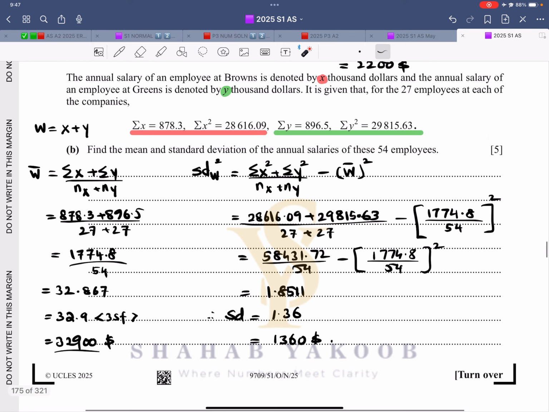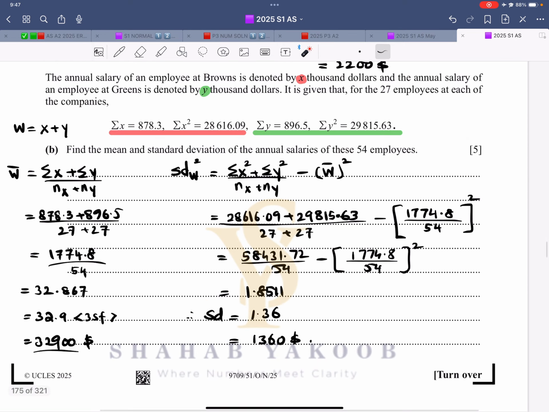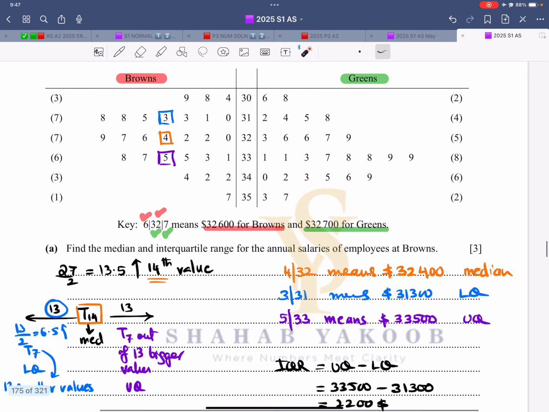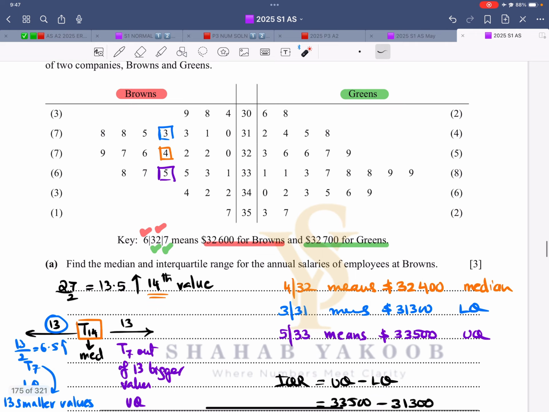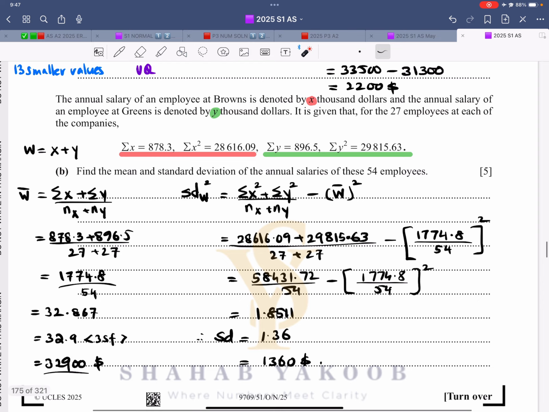So now the next one. Now it says the annual salary. I think that was the monthly salary. That was also the annual salary of 27 employees. And the annual salary of an employee at brown is denoted by X, in $1,000. So don't forget this factor of $1,000. And the annual salary of employees at greens is denoted by Y, in $1,000.